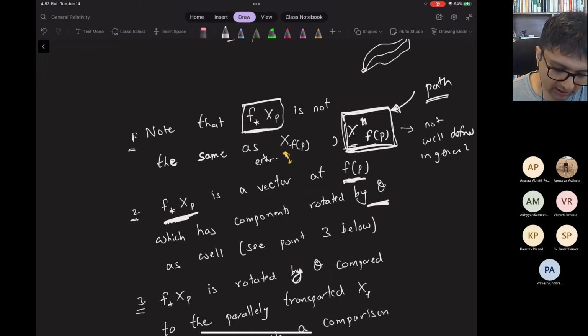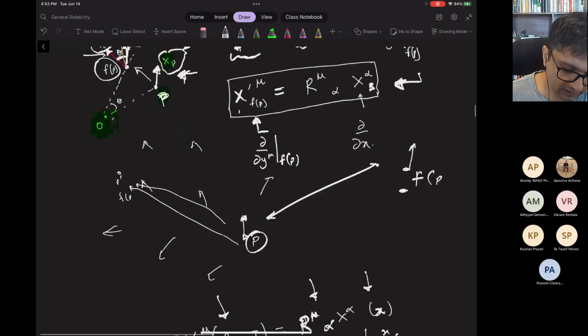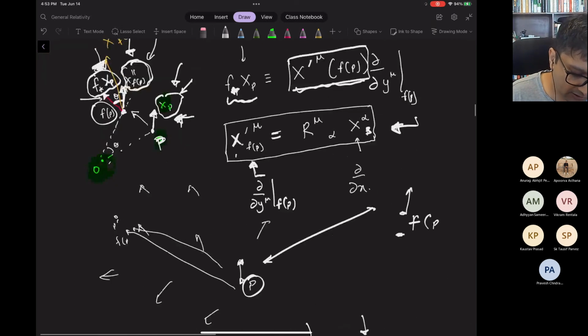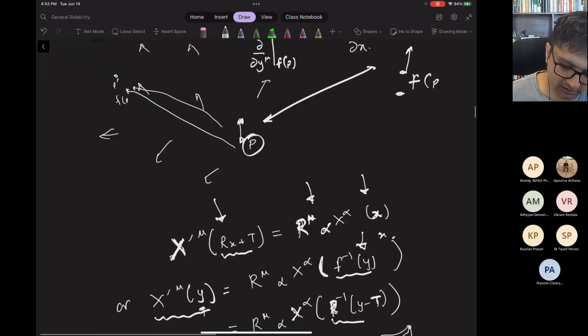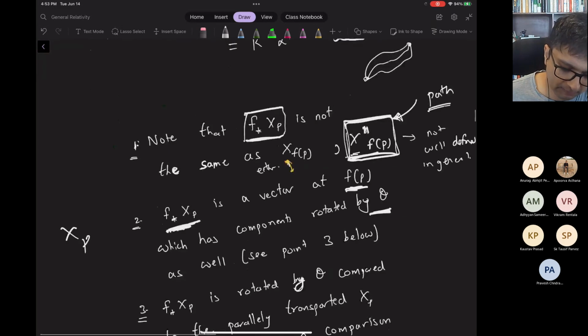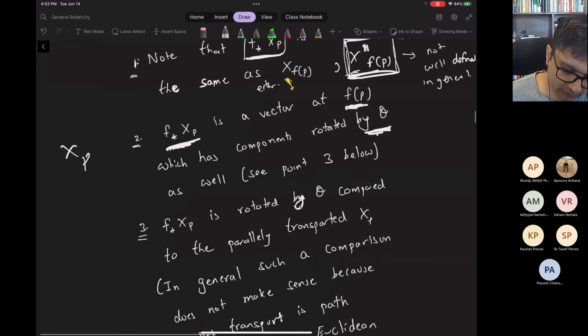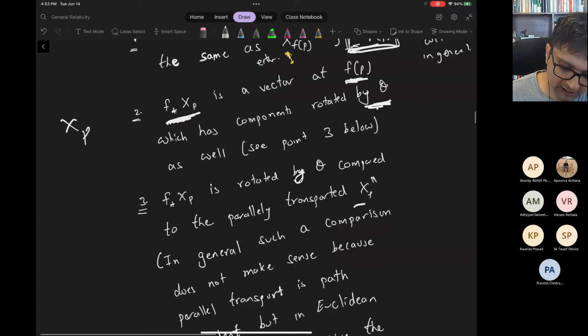I can't really compare with the original xp because these live in different vector spaces. One is the vector space here and one is the vector space here. But it's rotated by theta relative to the parallelly transported xp, which is x parallel p.